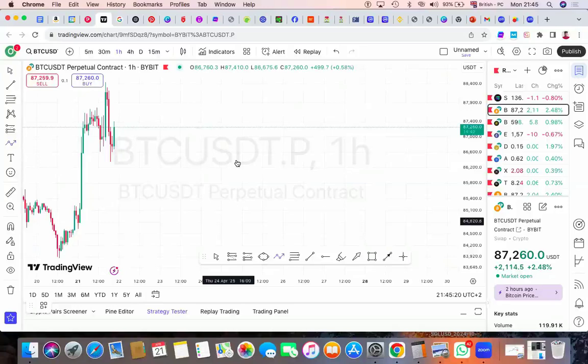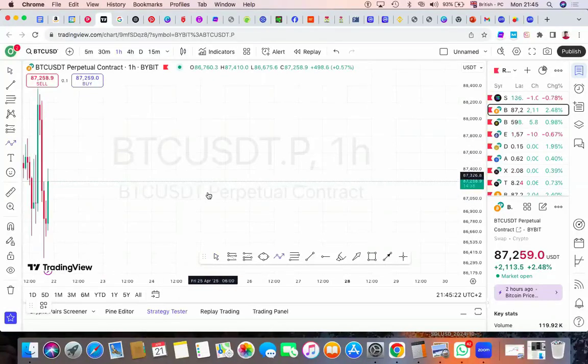We'll start with the bullish scenario. So basically what we see in the market, like I said last week, is that the market moves in waves and it does something like this.